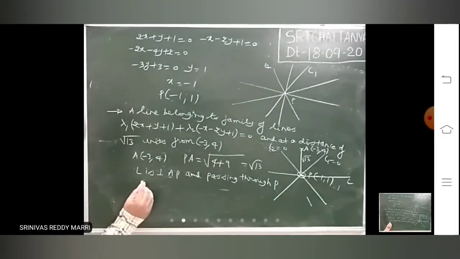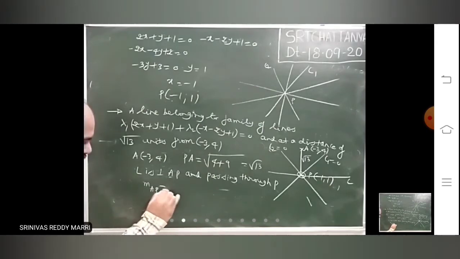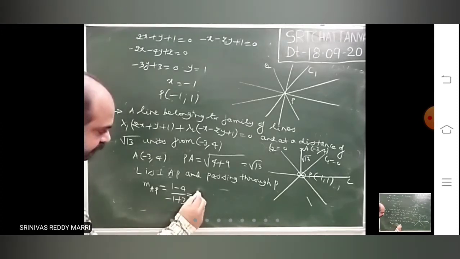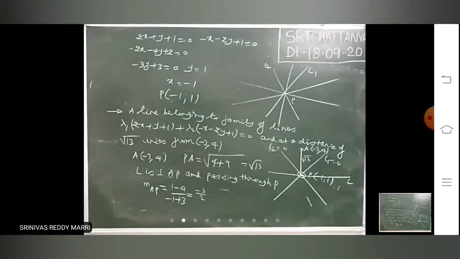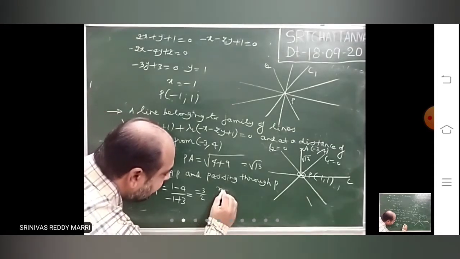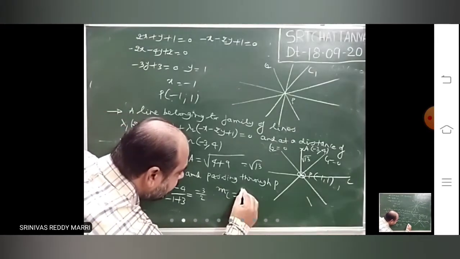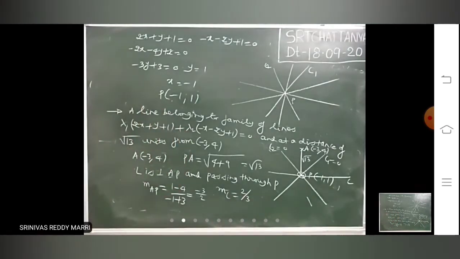That means perpendicular to AP, so you calculate the slope of AP. Slope of AP means 1 minus 4 divided by minus 1 plus 3. That means minus 3 divided by 2. So this is the slope. So the slope of the required line L is nothing but 2 by 3.